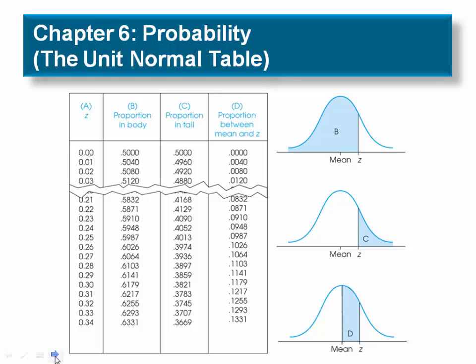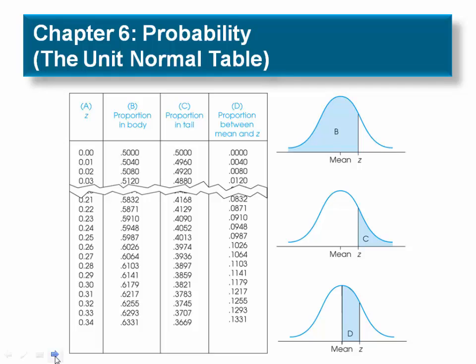Using the portion of the table shown on the slide, you should verify that a vertical line drawn through a normal distribution at z equals plus 0.25 will separate the distribution into two sections, with the larger section containing 0.5987 or 59.87% of the distribution, and the smaller section containing 0.4013 or 40.13% of the distribution.